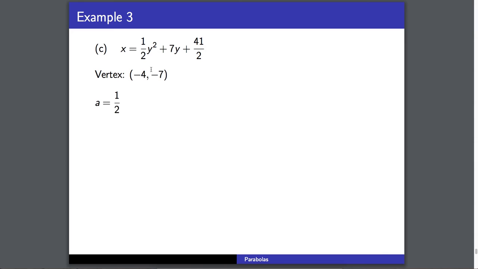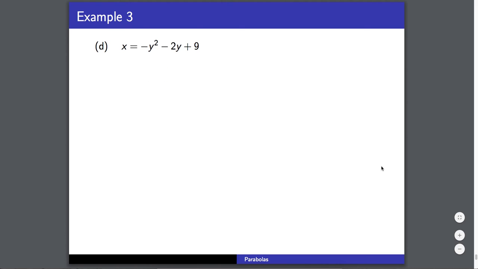Our value of a is a half, so our equation becomes x equals 1/2 times y minus a negative 7, which becomes y plus 7 in parentheses squared, and then minus 4, or plus a negative 4. So we get x equals 1/2 times the expression y plus 7 in parentheses squared, and then minus 4.